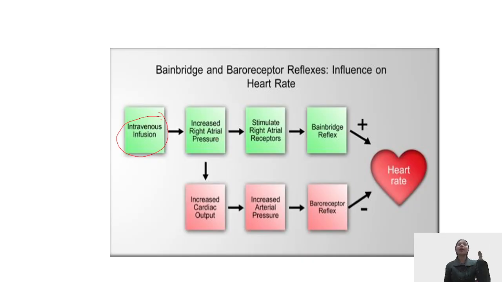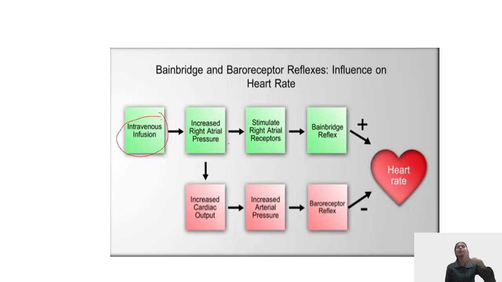Whereas what happens in the baroreceptor reflex is different. In baroreceptor reflex, as soon as the cardiac output increases, your stretch receptors in the carotid and aortic arch will say, oh, there is so much blood now. Let's decrease the heart rate and let's stabilize the heart because already the cardiac output is a lot.